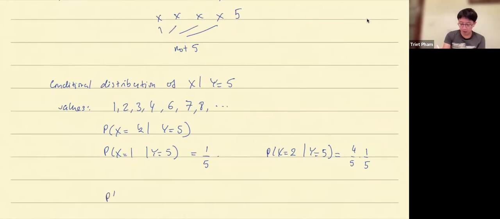But what about probability x equals 6 given y equals 5? What would that be?